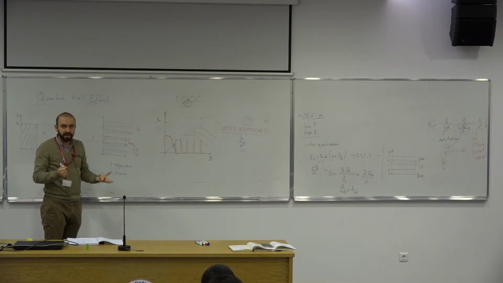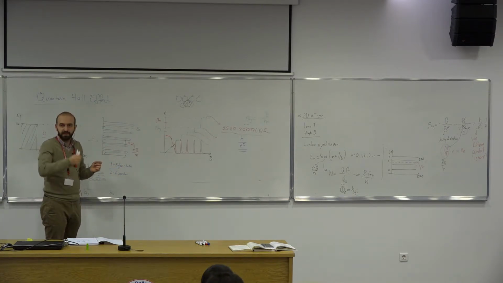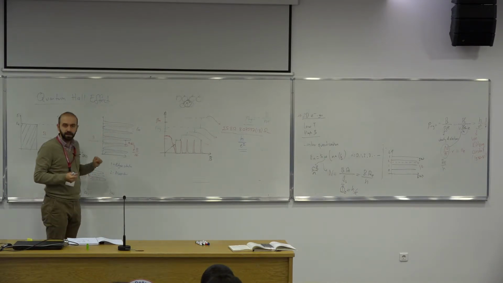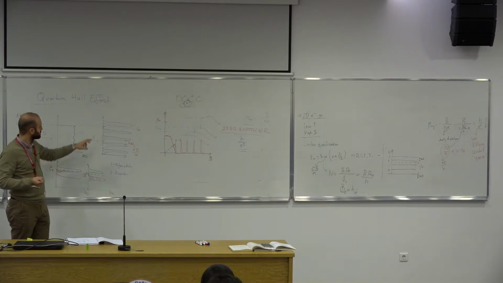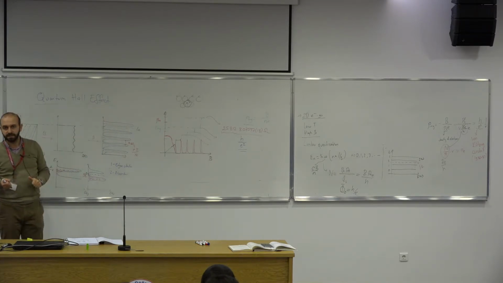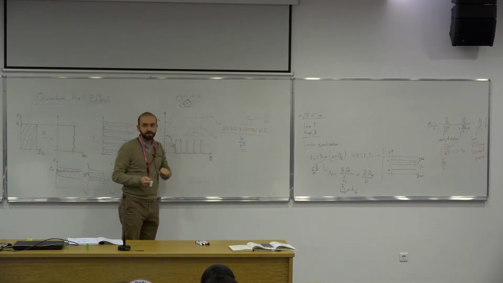And there will be thermal fluctuations that we will inevitably have, which will make these orbitals wiggle around a little bit, which will change their energies slightly. So these factors result in broadening of these extremely sharp Landau levels. And that's why we end up with these plateaus.